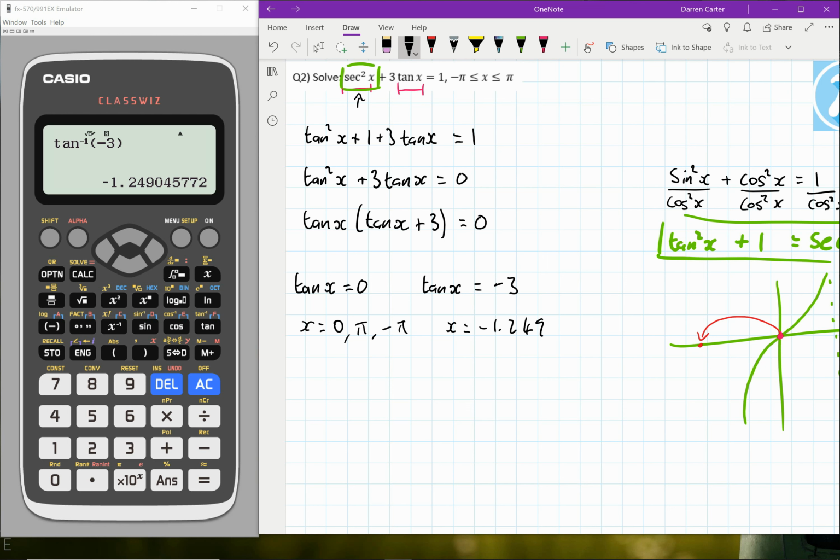So that's given me an x value over here relating to minus 3. I can add or subtract pi onto that to find other solutions. If I subtract pi, I'm going to be outside of my domain, which is up here. So I'm going to add pi onto that. Get 1.89.